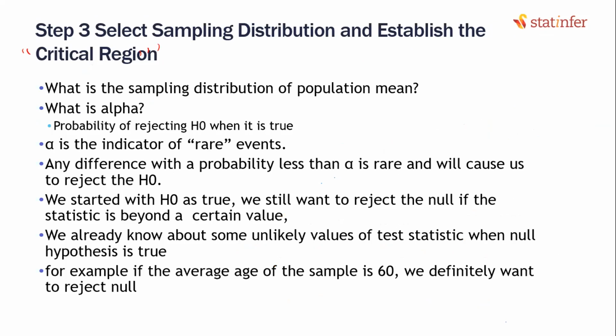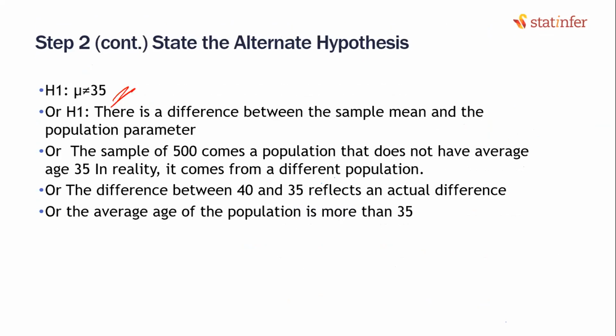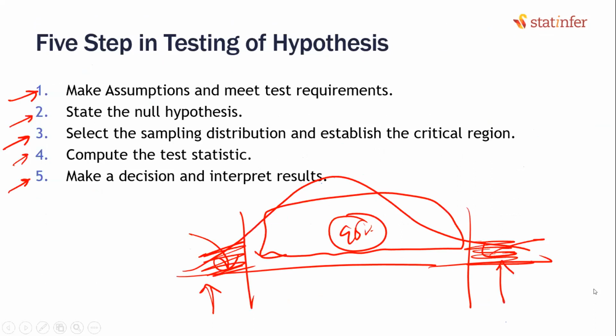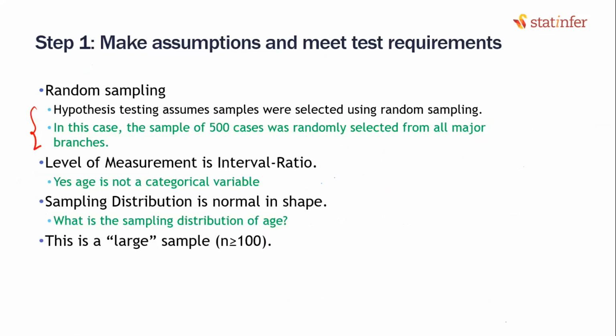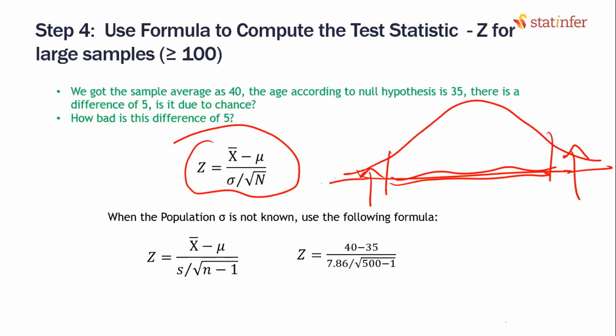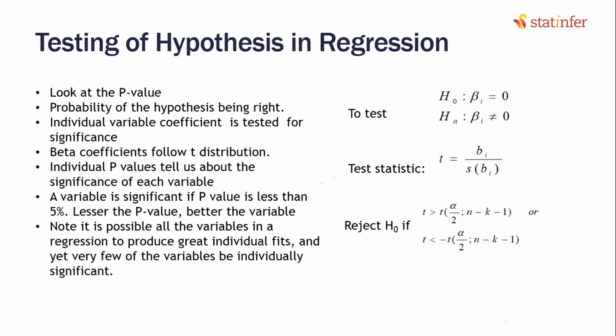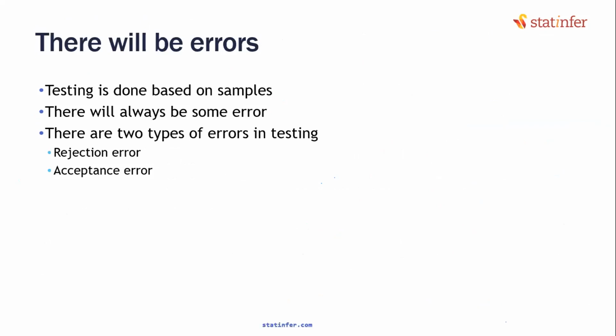Where is the region where I'm going to reject? That will be decided based on the concept of sampling distribution, where we need to find for each test statistic the right sampling distribution. But there can be some errors that we will be making in the testing of hypothesis that we need to understand. There will be two types of errors.